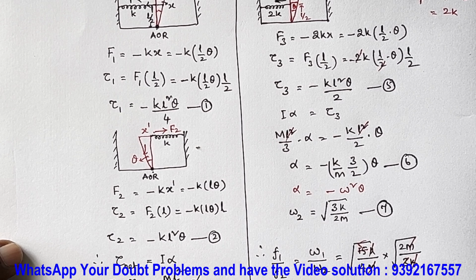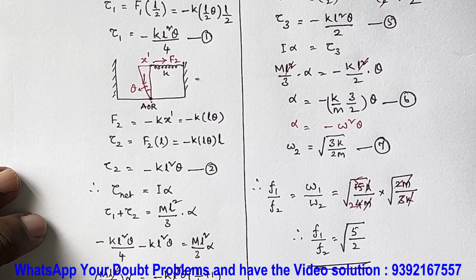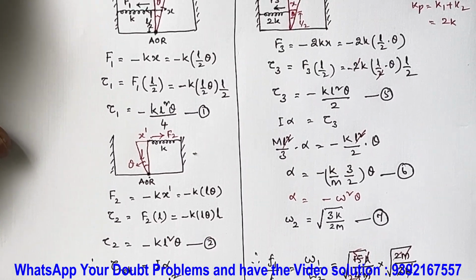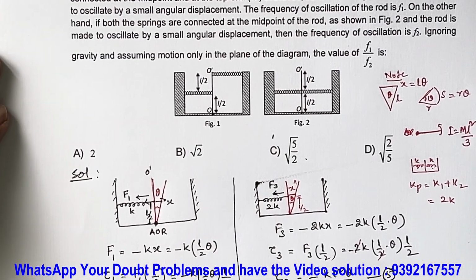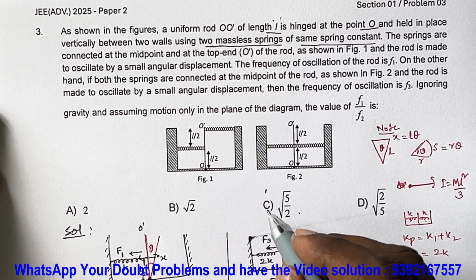So therefore f1 by f2 is equal to under root 5, and under root 2 ones, 2 twos. So 5 by 2 will be there in the root. So this is our correct answer, root of 5 by 2. So let us look for the answer. For problem number 3, C is the correct answer.